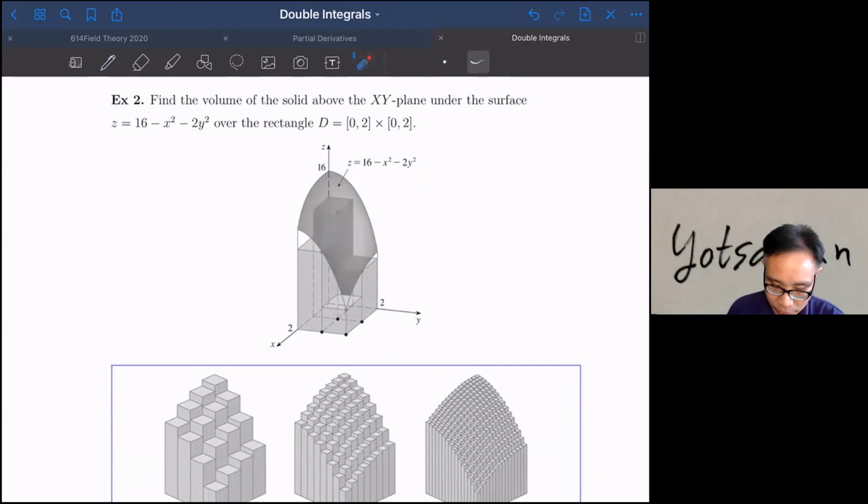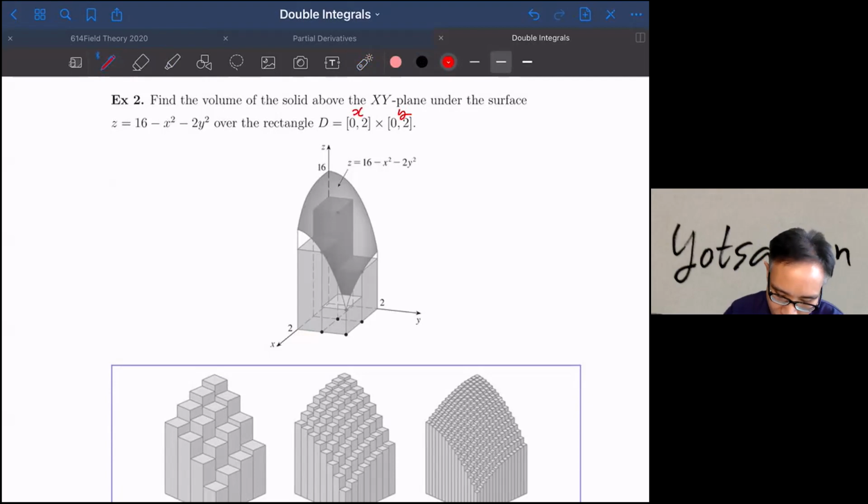And we have the rectangular region D, from 0 to 2 on the x-axis and on the y-axis as well. So x lies between 0 and 2 and y lies between 0 and 2. The question asks you to find the volume of the solid above the xy plane under this surface.